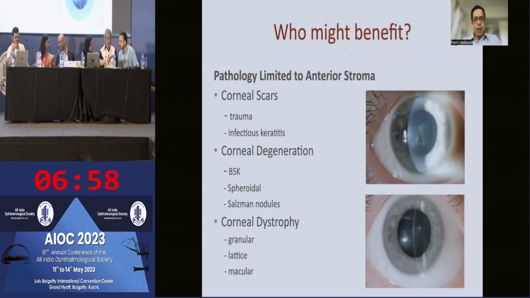But in general parlance, SALK refers to surgeries that are limited to the anterior 300 microns of the corneal stroma. So it is beneficial for people who have pathology in the anterior 300 microns of the corneal stroma, which includes corneal scars, degenerations, and some dystrophies as well.